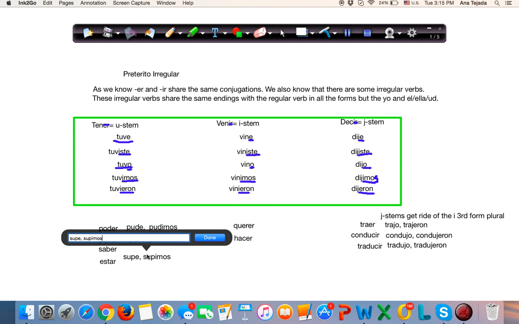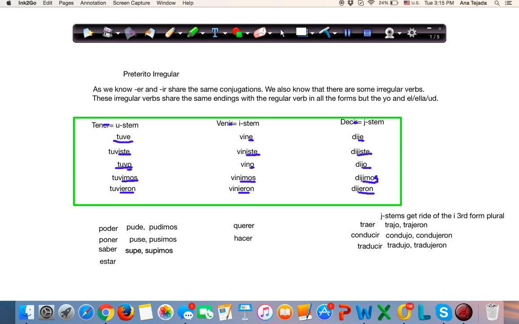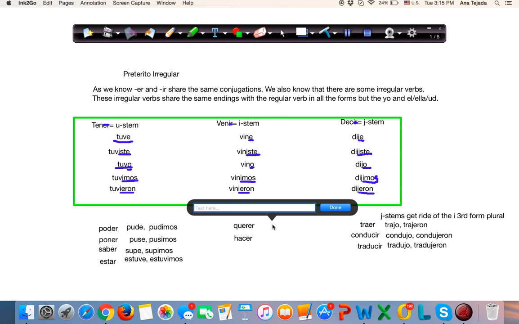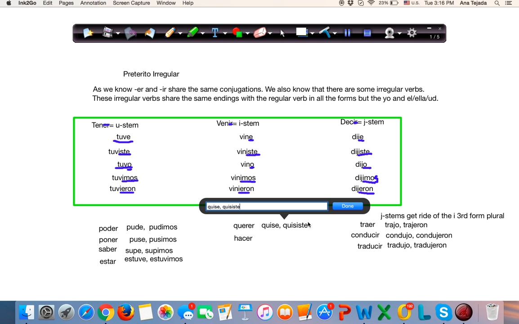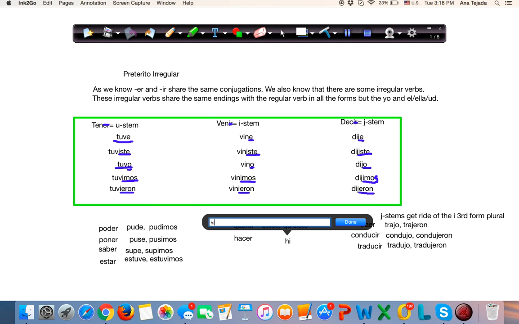Estar, estuve, estuvimos. Let's look at querer. Yo quise, tú quisiste. Yo hice, tú hiciste.